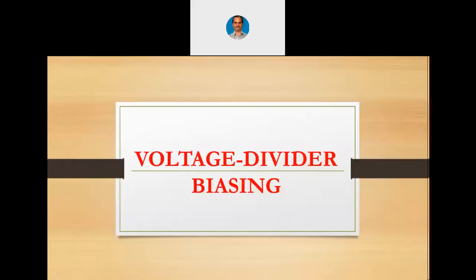Let me briefly discuss the voltage divider bias now, which is similar to self bias, but with two resistors at the gate. I will be discussing this once again in the next class.